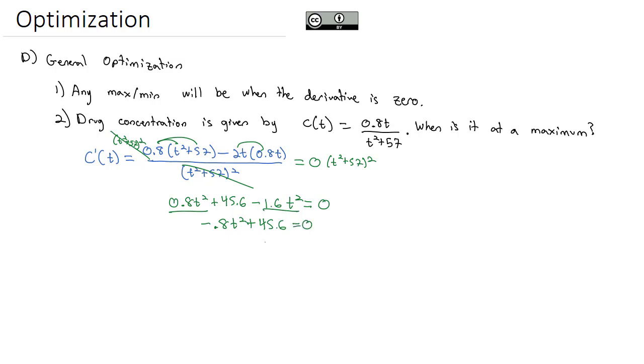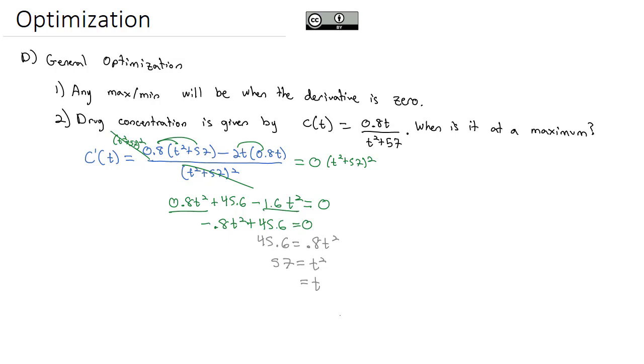We can solve this then. I'm going to add the 0.8 t squared to both sides, giving us 45.6 equals 0.8 t squared. Dividing both sides by 0.8, t squared is going to equal 57. And then take the square root of both sides.